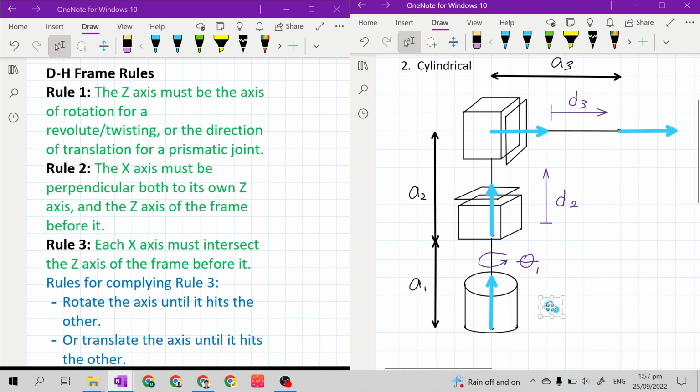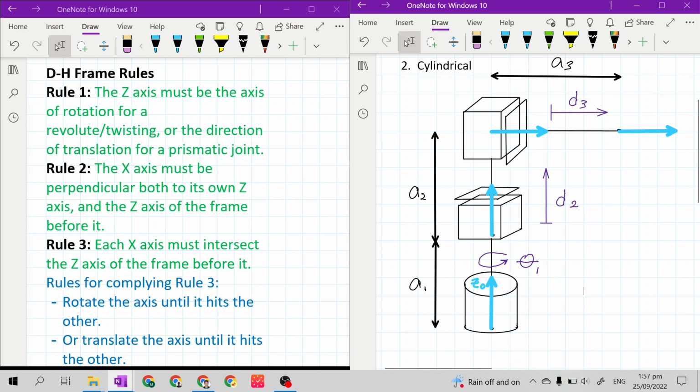The count of frames starts with 0, not from 1. The rule here is that the counting of frames starts from n minus 1. Unlike the links and the joint variables, the frames start from n minus 1.